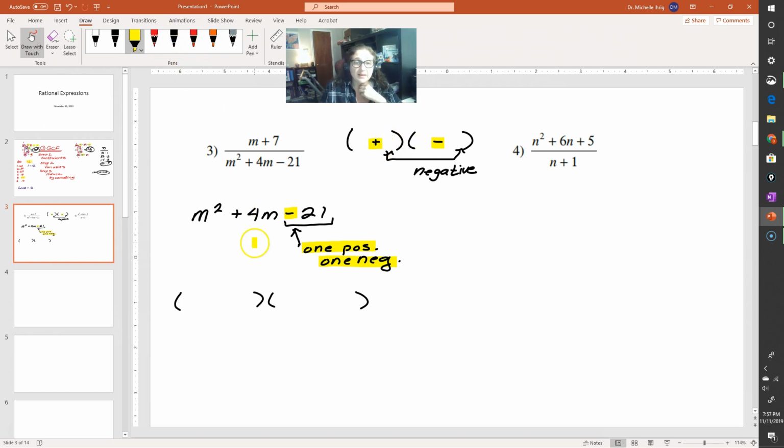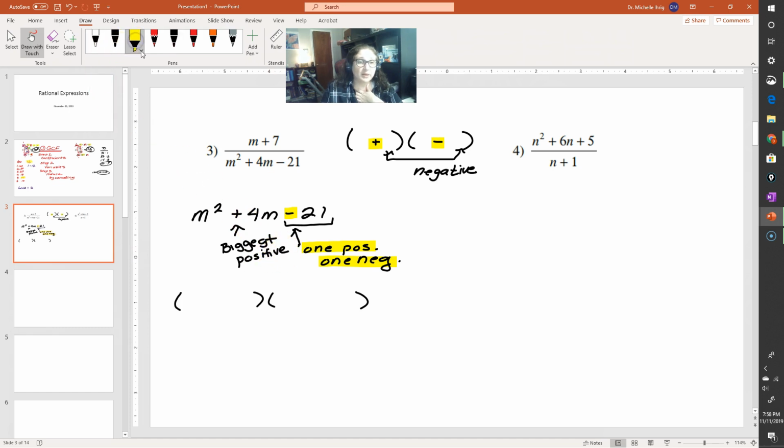Now, the next thing I do is I notice the symbol that is in front of the b term. This tells me that my biggest number inside of the binomial is going to be positive.